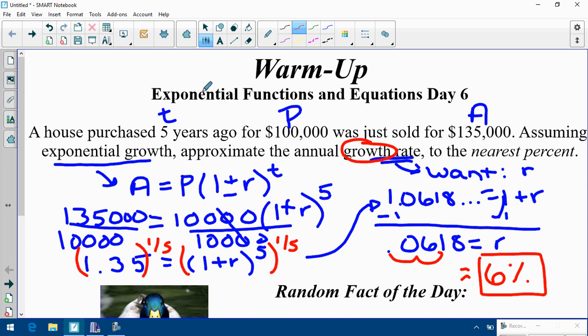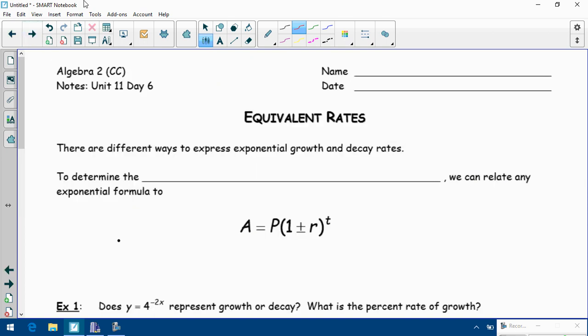Okay, so let's now go on to the new stuff. This is the notes I handed out yesterday. And today we're going to be talking about ways to figure out the percent rate of change. It says there are different ways to express exponential growth or decay rates.